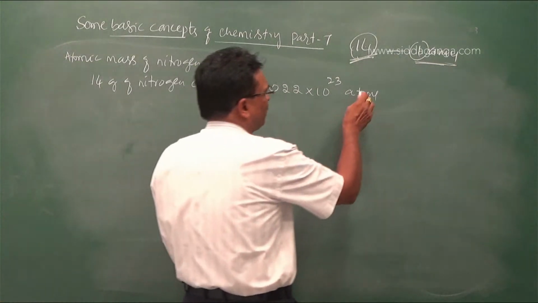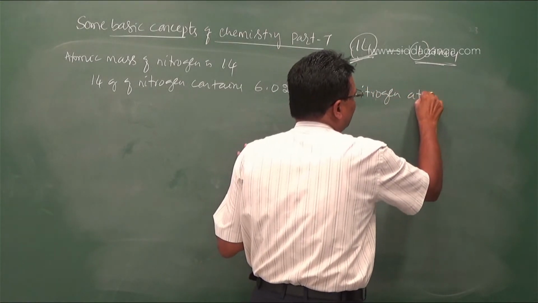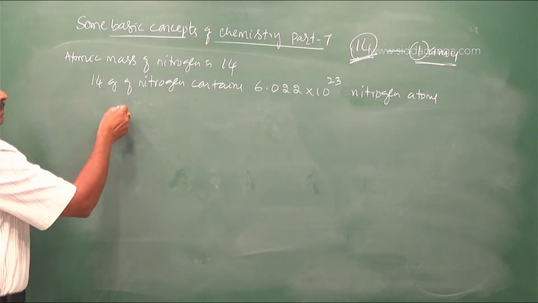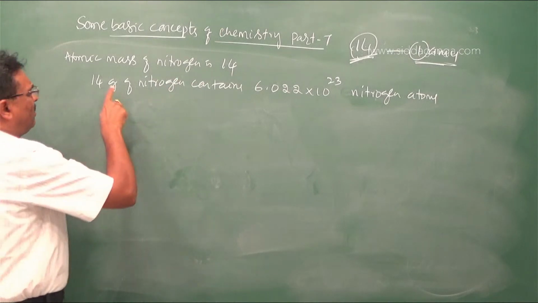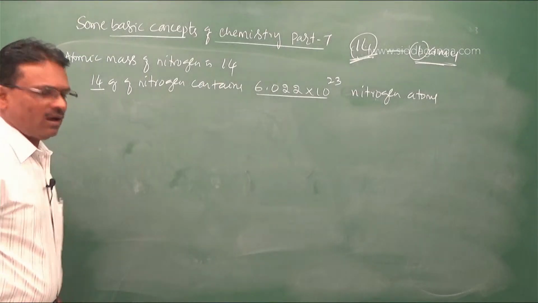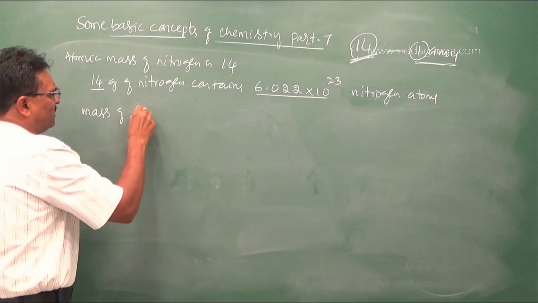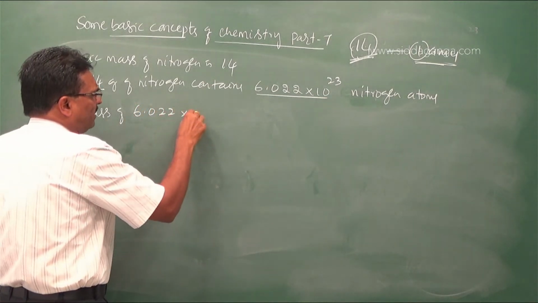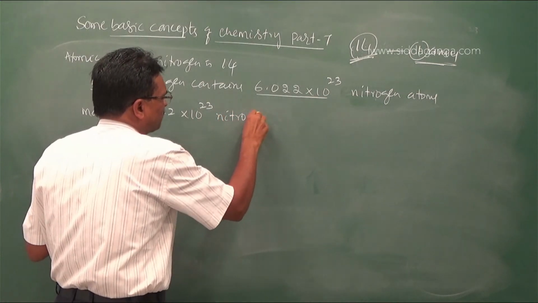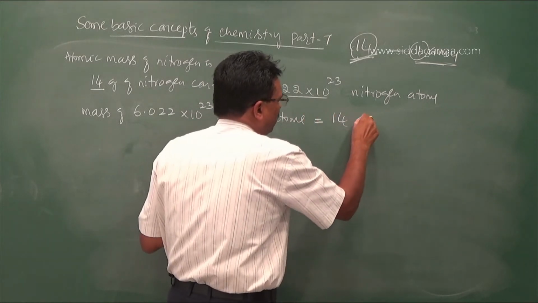Clear? Or in other words, the mass of 6.022 into 10 to the power of 23 nitrogen atoms is equal to 14 gram. Clear?